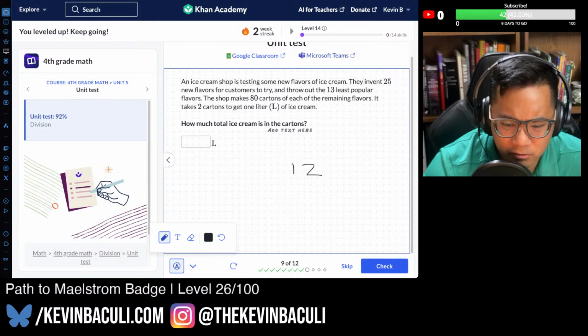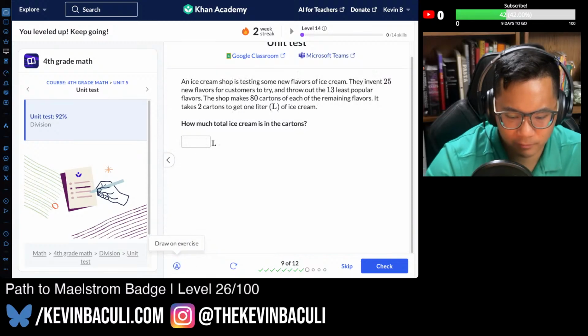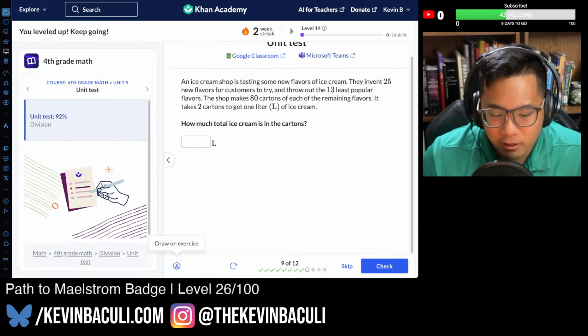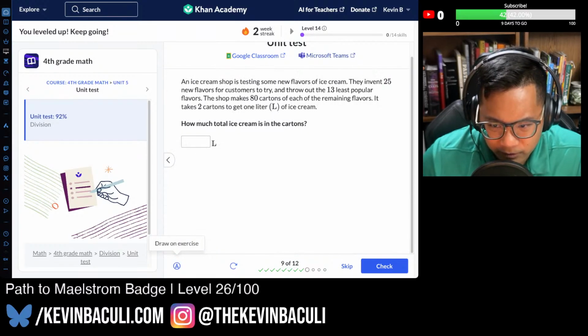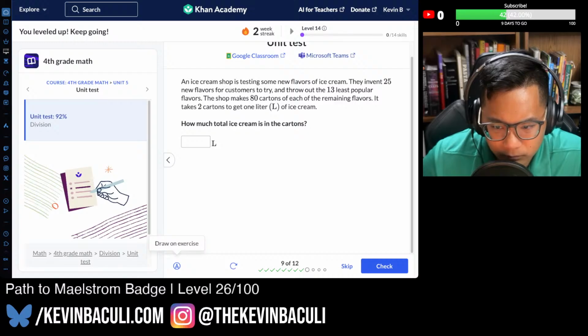How much total ice cream is in the cartons? I'm confused. Okay, alright, here we go. An ice cream shop is testing new flavors of ice cream. They invent 20 new flavors.